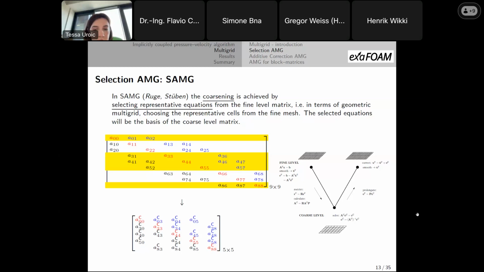So going from a sparse matrix in the fine level, where you only have a few non-zero coefficients in each row, you are now going into denser matrices on coarser levels, meaning that you increase your computational cost. And also you have significant memory requirements, since you need to store all the coefficient matrices on each level.